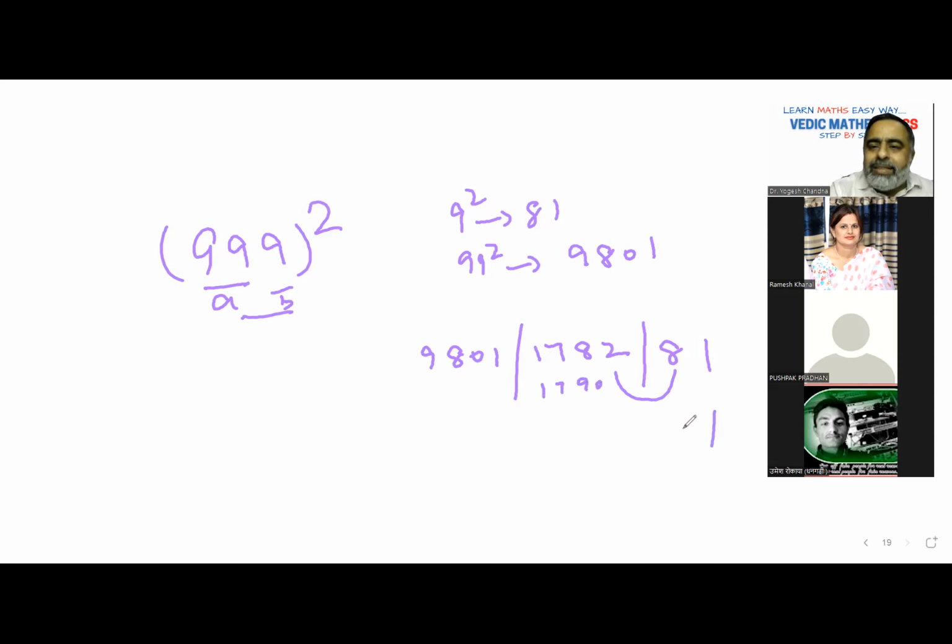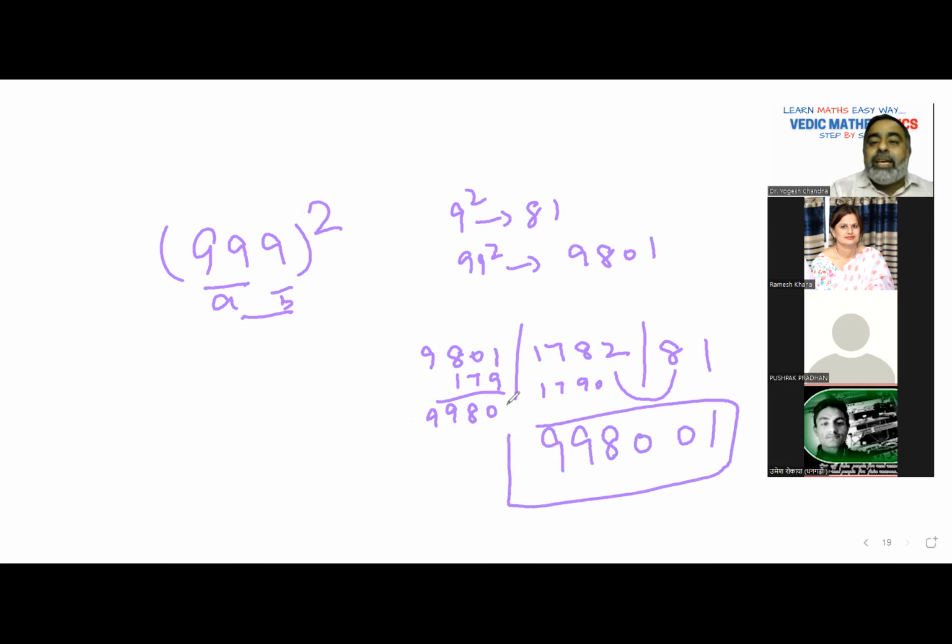So that means 0 here and 179 goes here. So if you see, it becomes 9980. So the answer is 9899801. But you see, if you have to solve this, you will take another 2 to 3 minutes. Correct? Now just keep this number with you.